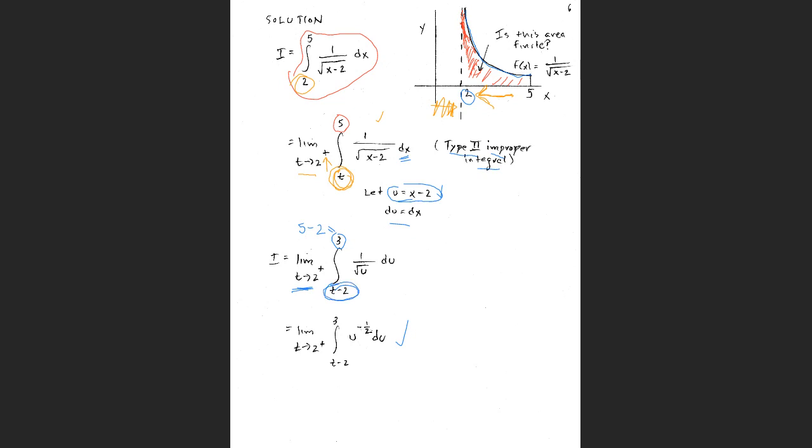And I understand what you're saying. We're taking the limit as t approaches 2, so t minus 2 will go to 0. But we can't do that yet. We can't take the limit yet. We have to do our integration first before we take the limit.